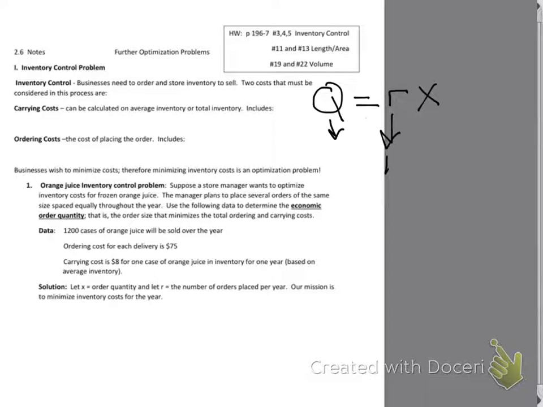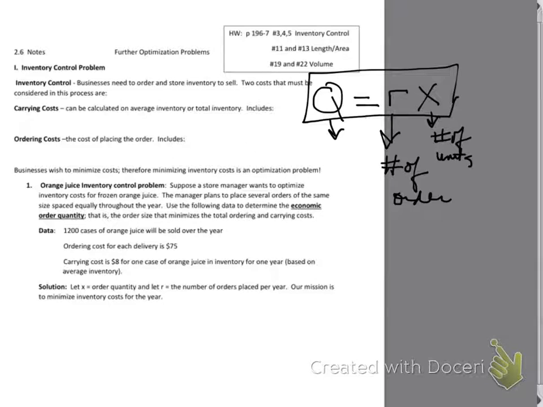R is the number of orders you place in a year. And X is the number of units in your order. So here is your constraint. Okay, so when you do inventory control problems, you need to remember that you have to know this.